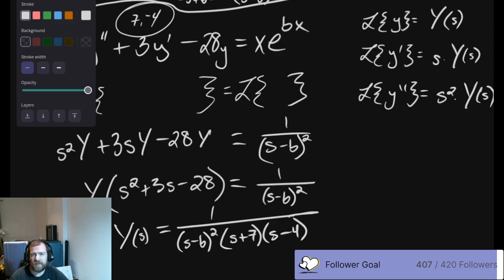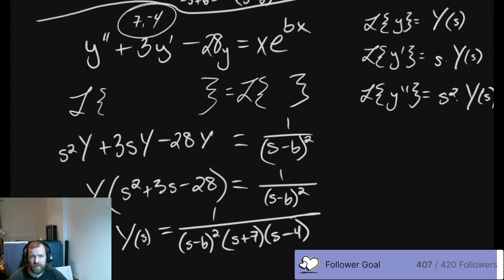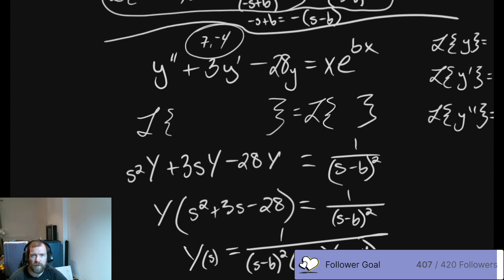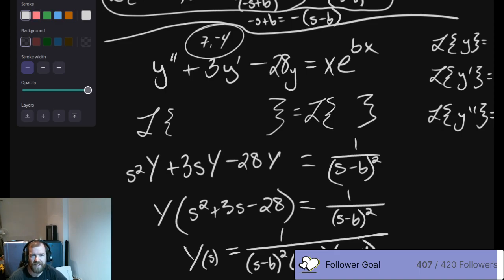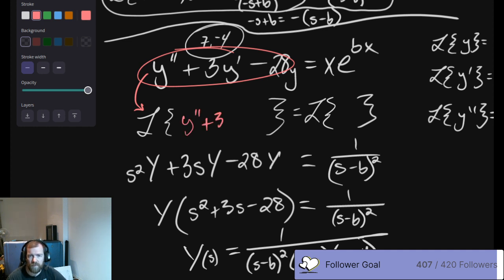One of the things that I kind of glossed over up here, I should have probably done a little bit better, is that the Laplace transform is a linear operator, which means that because we have this y double prime plus 3y prime minus 28y, we are allowed to break out anything that is added or subtracted and has a constant multiple.